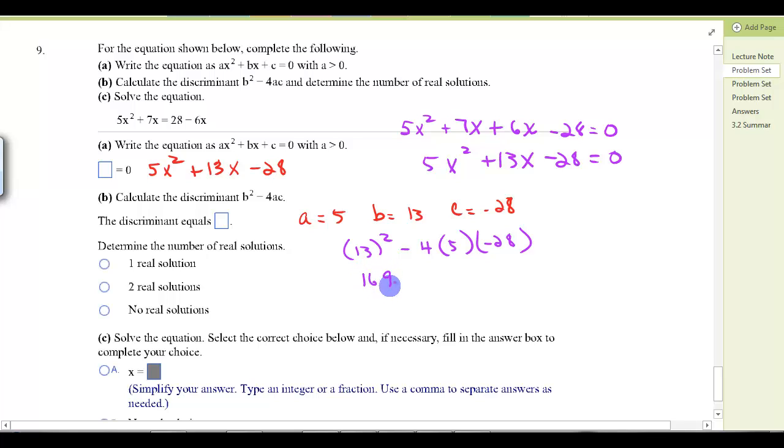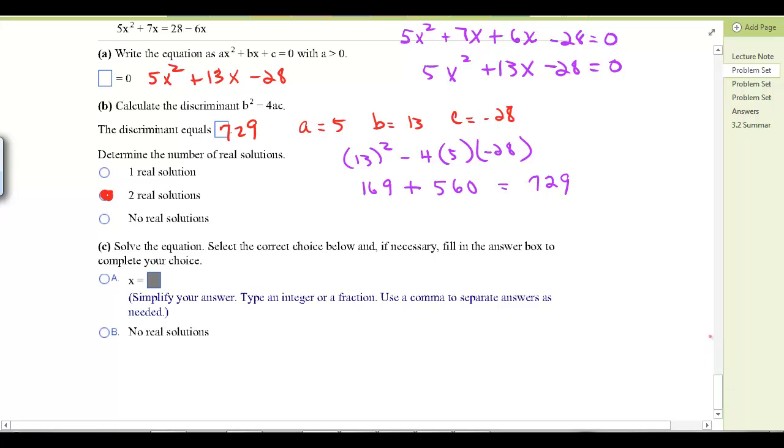That's 169 plus, because that's minus times minus, I believe you're going to have a 560. And that should equal 729. So our discriminant is 729. That's a positive number. That tells me there's going to be 2 solutions. Okay, so we do need to solve that equation.